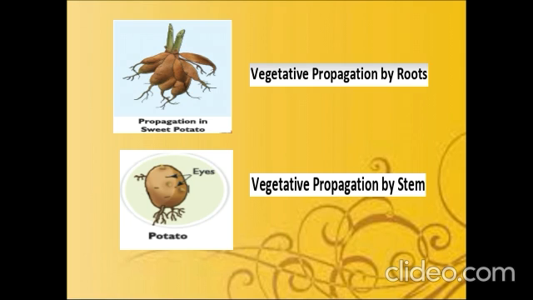Similarly, vegetative propagation by stem, as we see in potato. It has eyes. When we cut that potato into small pieces and keep them in the soil, they start to grow as new plants. So this is the example for vegetative propagation by stem.